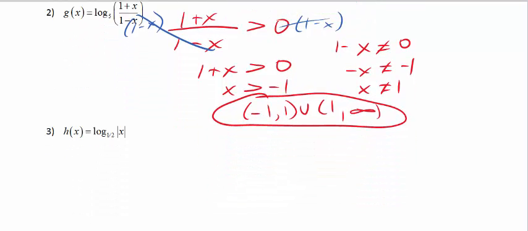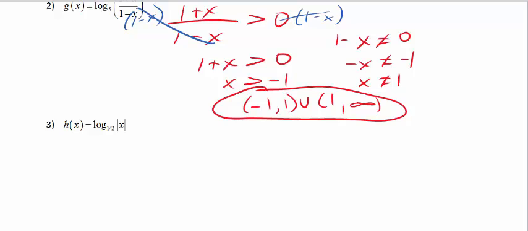I don't believe you're going to see one that looks like this, but just in case, we have the absolute value of x as our log here. So we have the absolute value of x has to be greater than 0. And it's been a while since we've dealt with absolute value. If we have absolute value, we have to do x is greater than 0, and we have to do negative x is greater than 0. For this side, we're done.